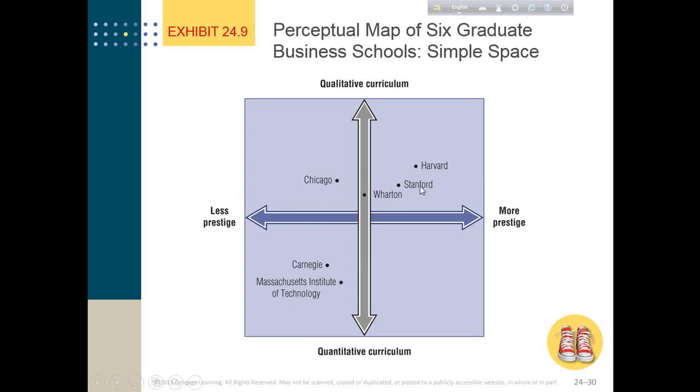So you can say Harvard and Stanford are in the place with qualitative curriculum and more prestige. Chicago is less prestigious but more qualitative, and Carnegie and MIT are more quantitative and less prestigious. This is the way we use multidimensional scaling to get the judgmental answers of our respondents and categorize the objects on the basis of different scales.